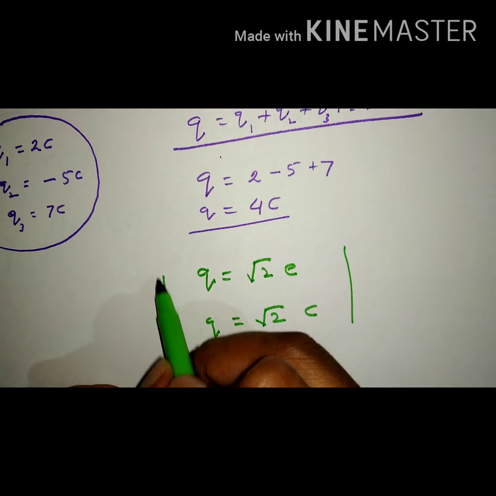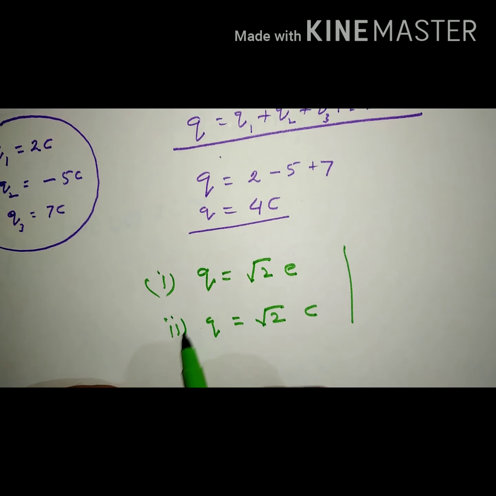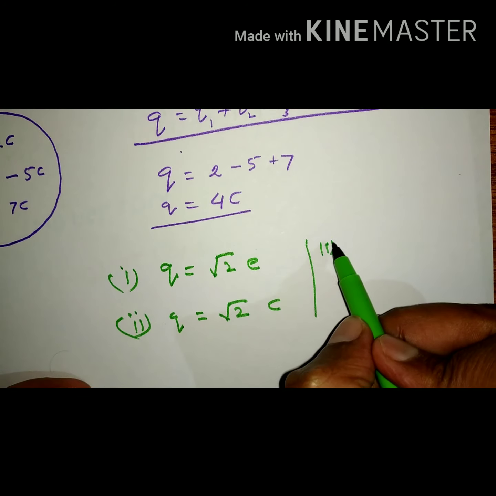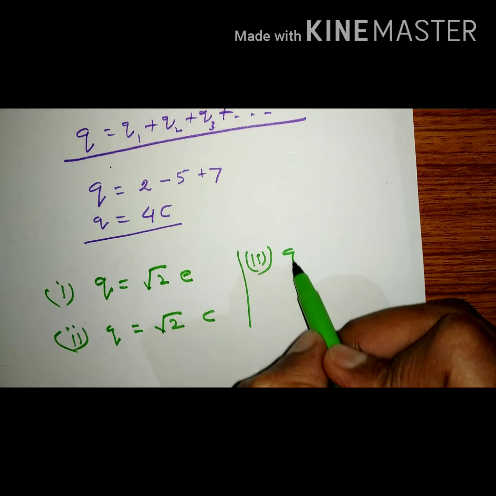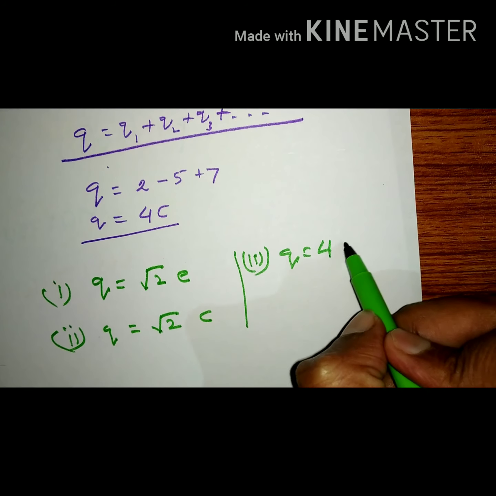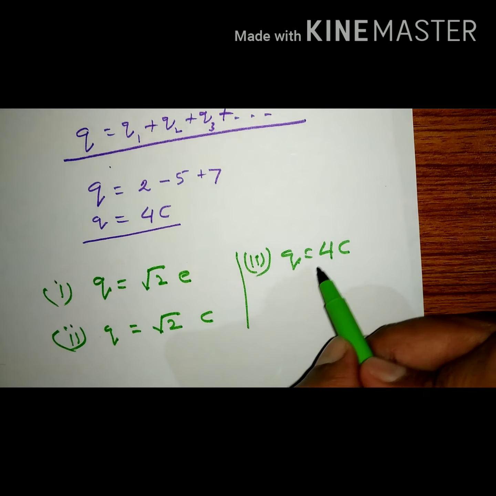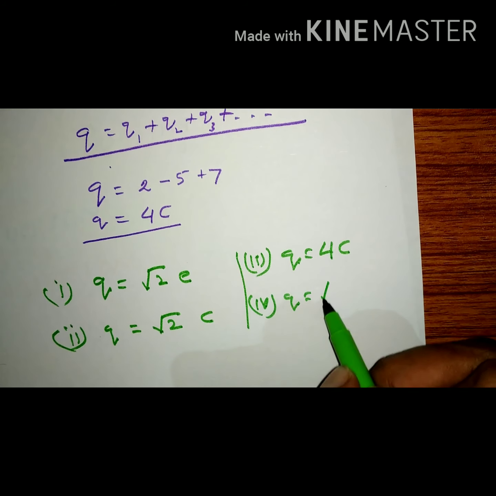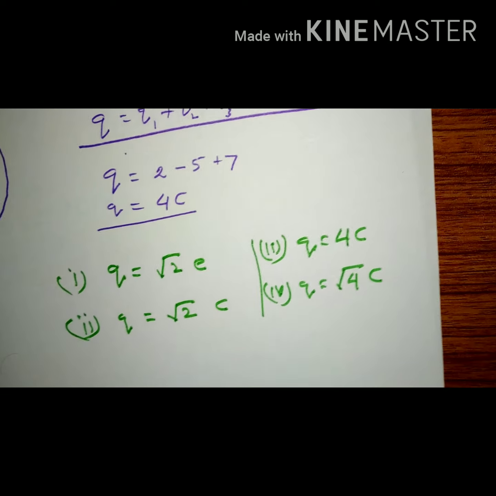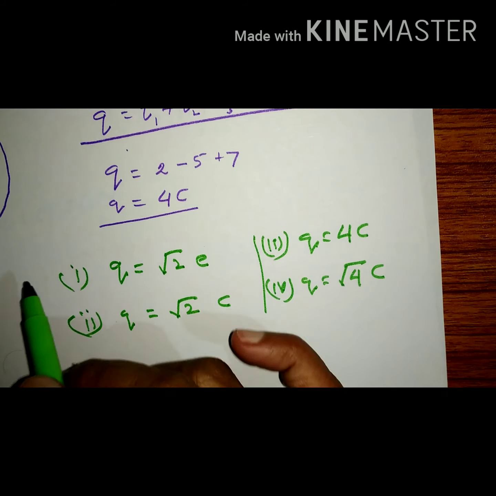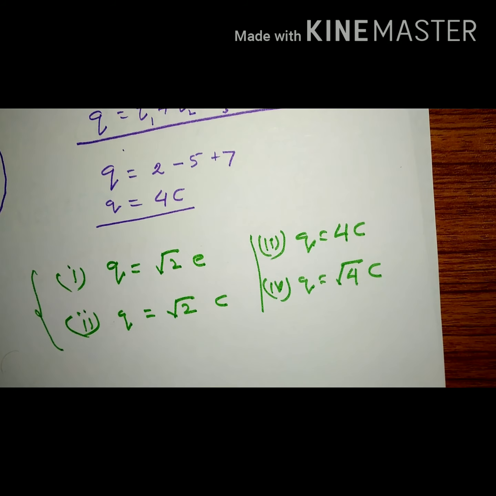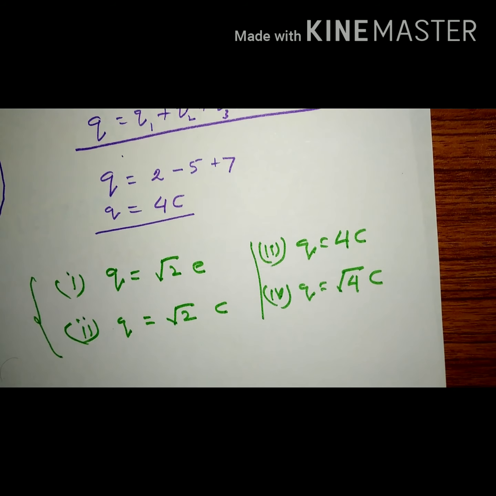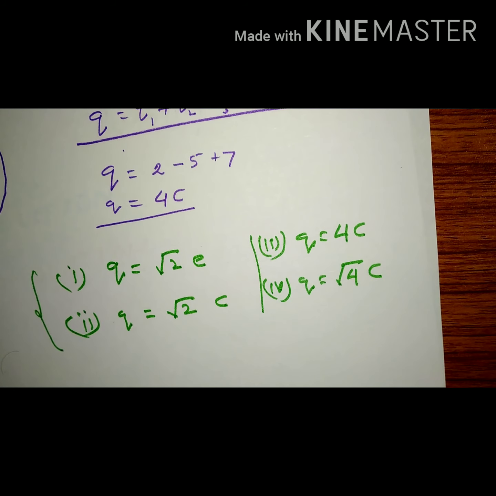Again, you have been given Q equals 4 coulomb, and you have been given Q equals root 4 e. Now use your idea to identify out of these four which one is correct and which one is not correct, that is, which one is not possible.